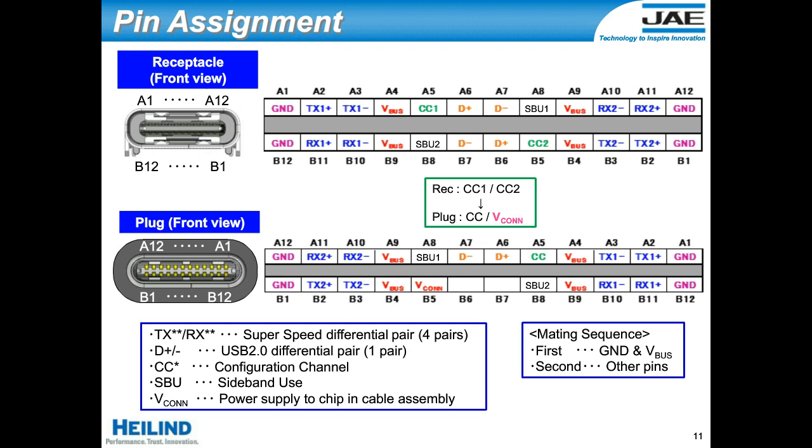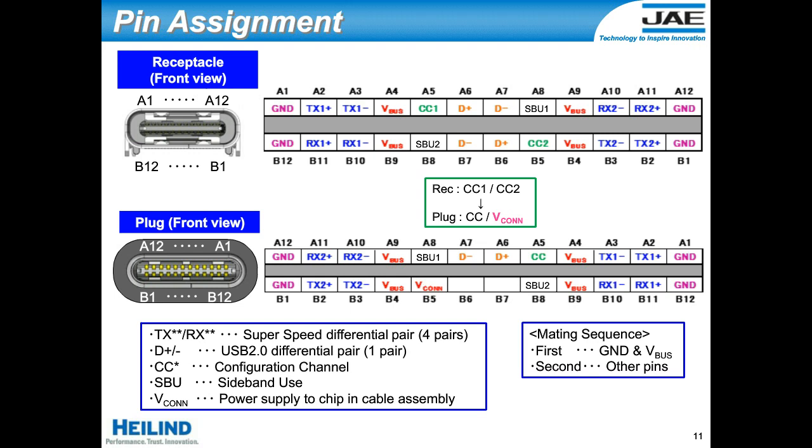And also the E-markers, the cables that have the E-markers embedded, the CC pin is actually connected to the E-marker directly to read the information about the cable. As previously discussed, USB PD communication is also done over the CC pin, so the bidirectional power negotiation and the power level negotiation also occurs over these new configuration channel lines.